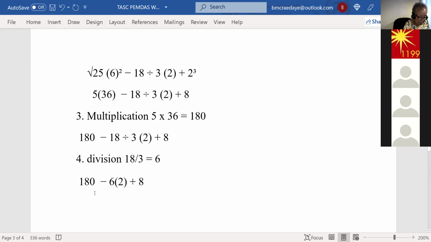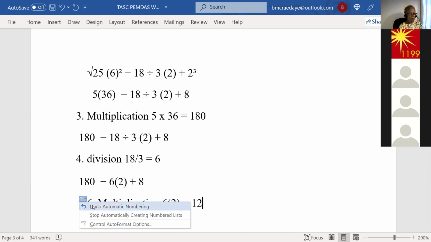That's right. Very good. Multiplication, and the multiplication would be 6 times 2 equals 12.